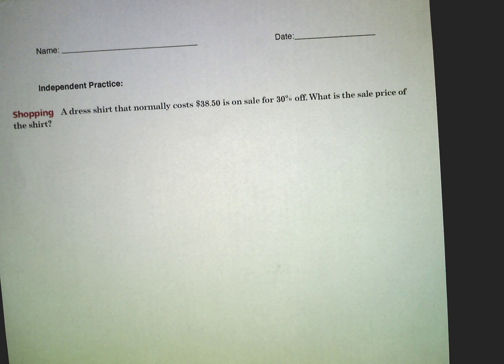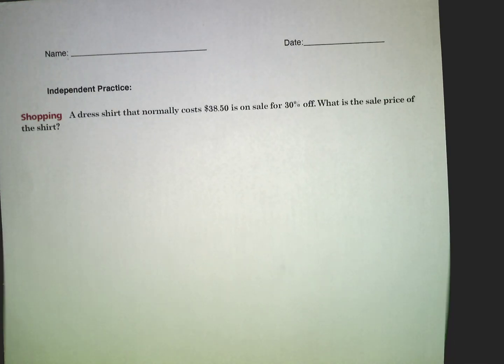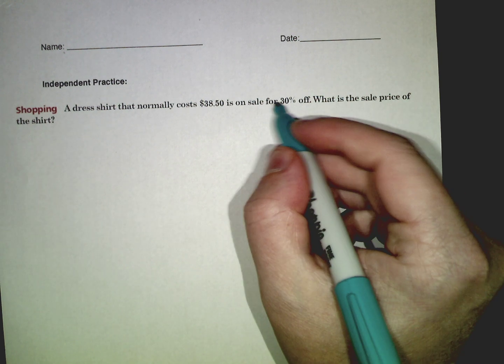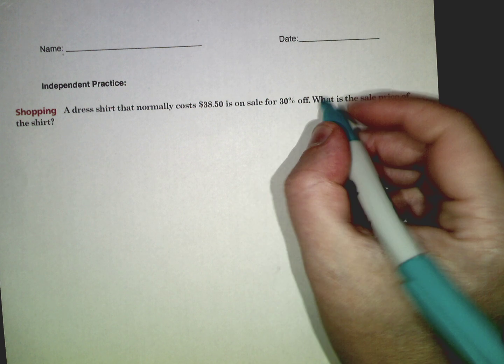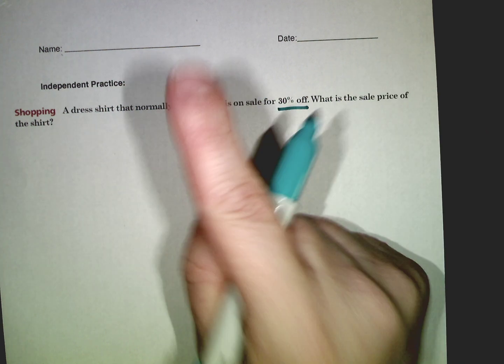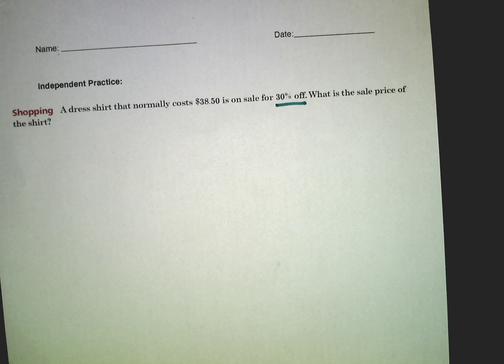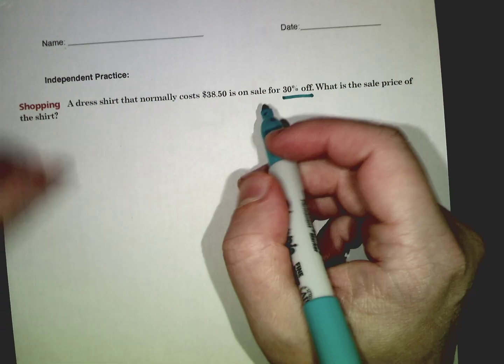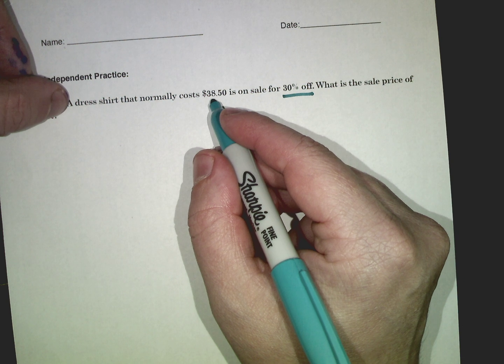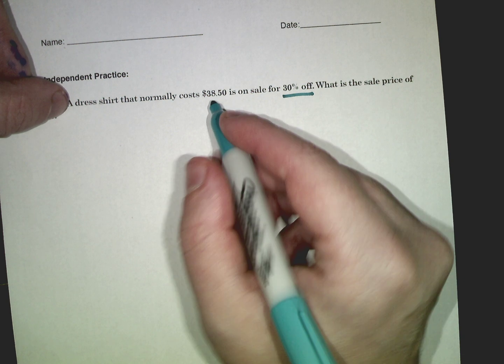So, same idea. I want to find out what 30% of 38.50 is. How much am I taking off of this? It says it's taking 30% off. So this is going to require one more step than the last function. I'll get to that in a second. Now, is over of. Well, the is, we don't know.